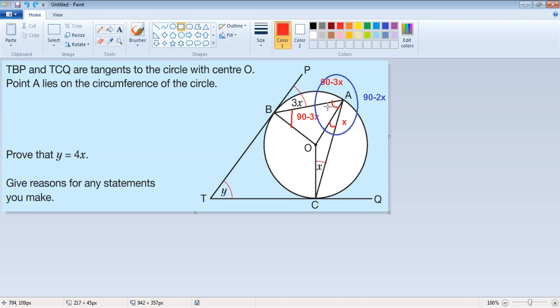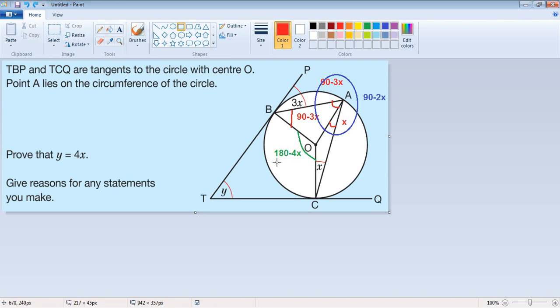So this angle here, BAC, is 90 minus 2x. This is the angle at the circumference. The angle at the center here is going to be double this angle. This angle here is actually double this one. That's why it's 180 minus 4x.